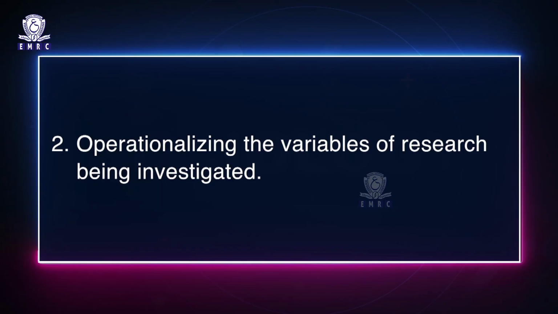Secondly, operationalizing the variables of research being investigated. For instance, if middle class is a variable, it has to be defined from the point of view of field work. We may say that the individual with monthly income of rupees 15,000 to rupees 30,000 per month may belong to middle class.